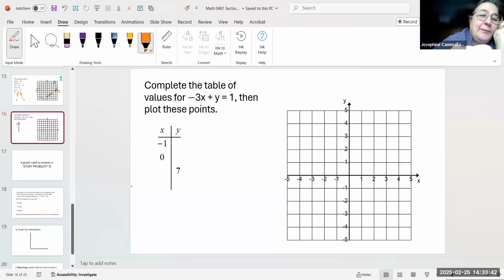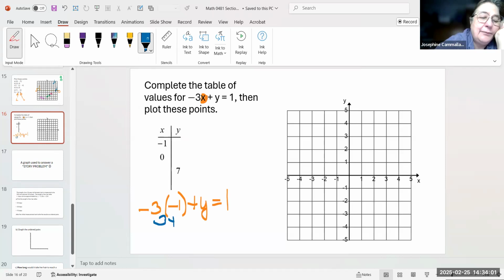Well, right here, this is my x. Okay? So we're going to put -3, -1 plus y is equal to 1. This is going to give me a +3 plus y is 1.